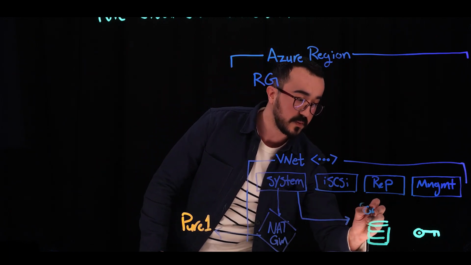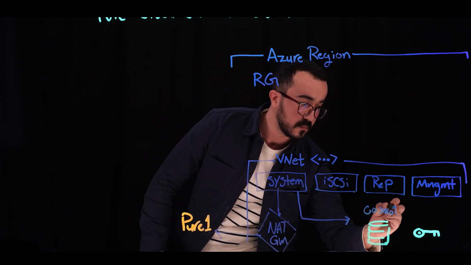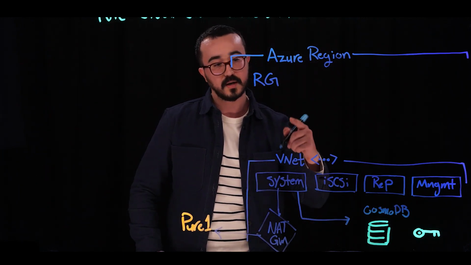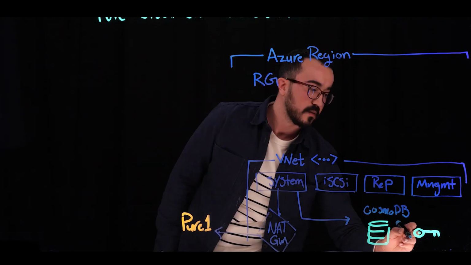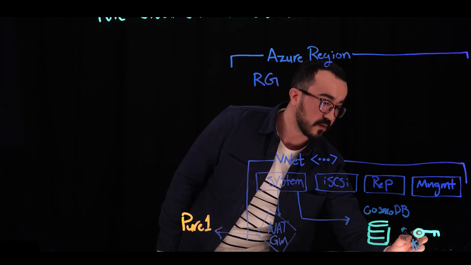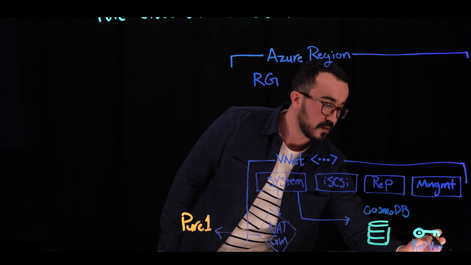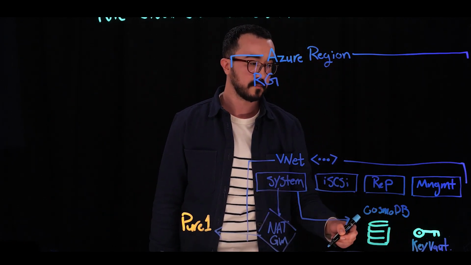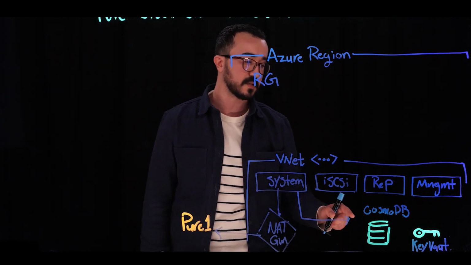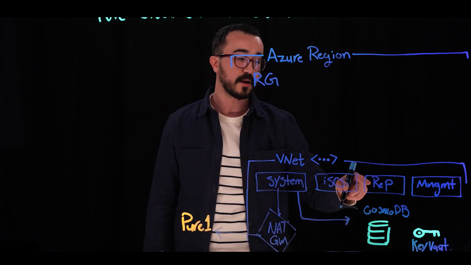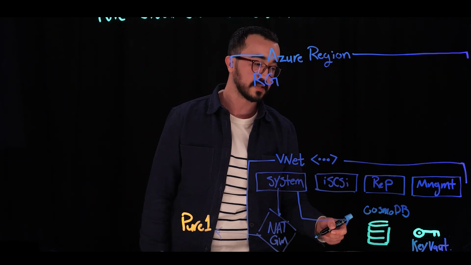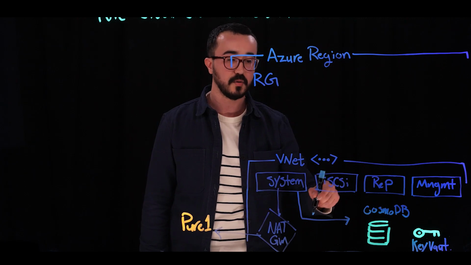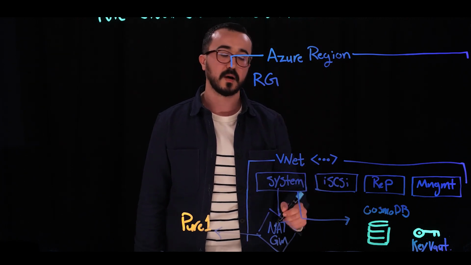Those 2 are the Cosmos DB, where all the metadata of our CBS infrastructure will be stored, and the second endpoint service is the Key Vault, where the encryption keys for Cloud Block Store will be stored. An optional endpoint service that you can connect to a replication network is Microsoft.Storage, if you would like to use CloudSnap with Cloud Block Store.